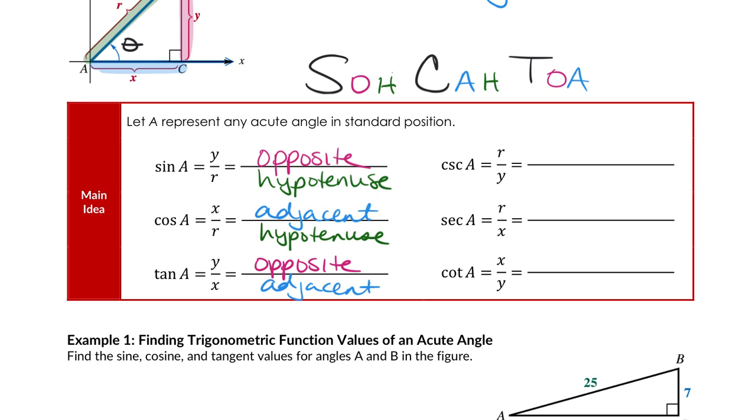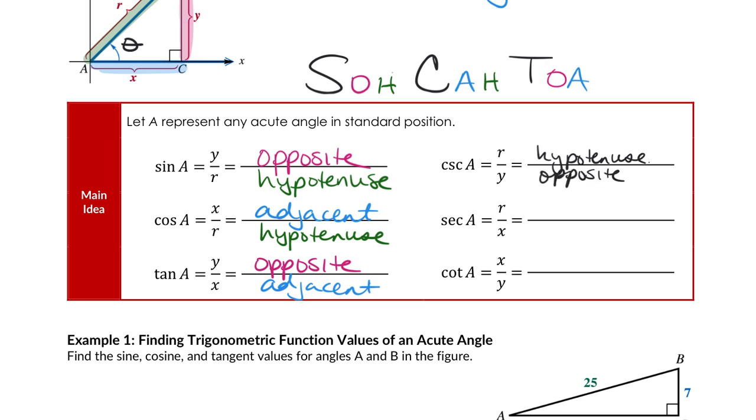Now great, those are the three main trig functions. We've already introduced the reciprocal trig functions, cosecant, secant, and cotangent. So if we wanted to redefine those in sides of a triangle, you just flip the fraction. So instead of opposite over hypotenuse, cosecant is going to be the hypotenuse over the opposite.